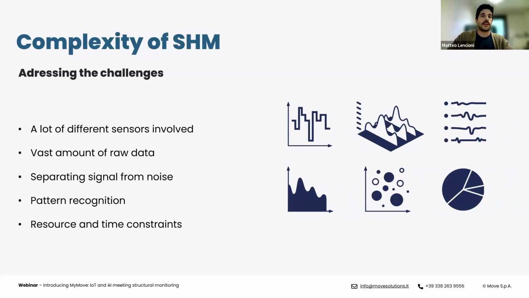Also, having a lot of sensors deployed in the field comes with having a lot of data points to process, and that introduces additional levels of complexity.